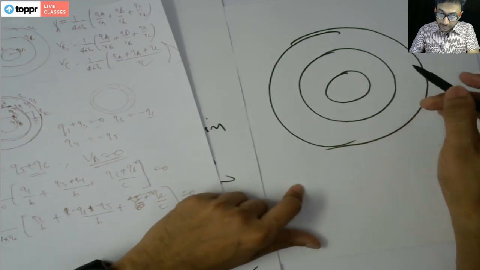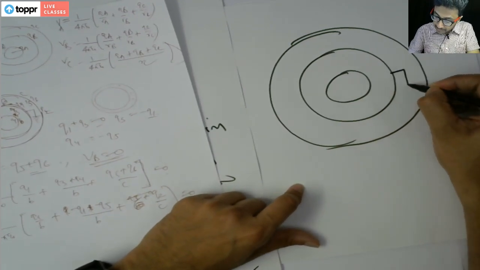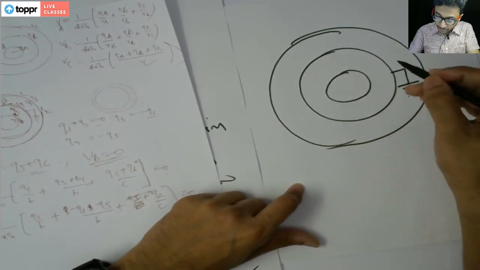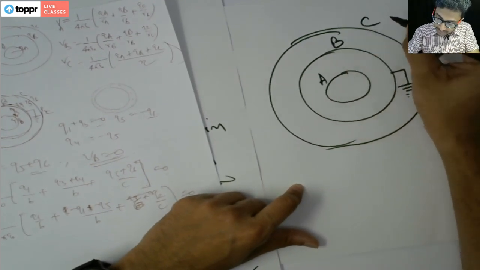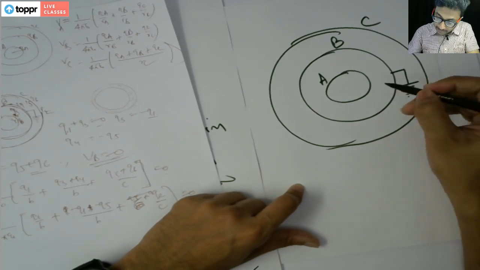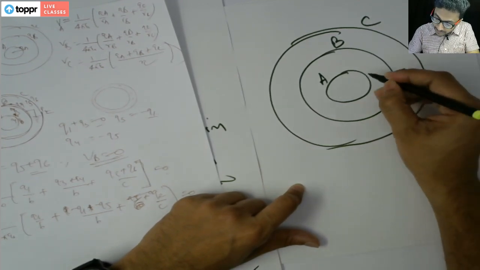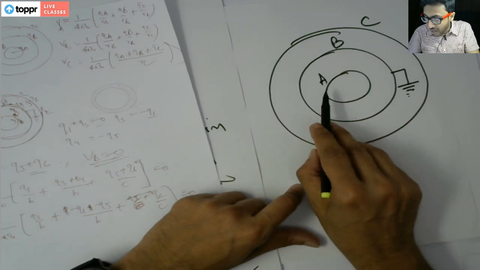The problem is given, this is earthed, right? This is A, this is B, this is C, and this is earthed.